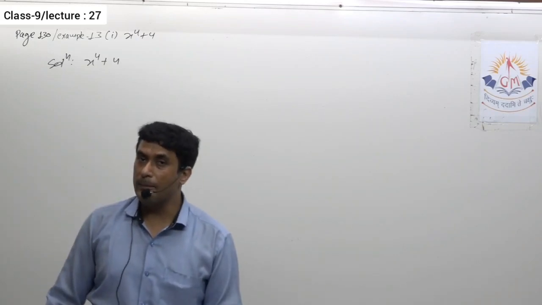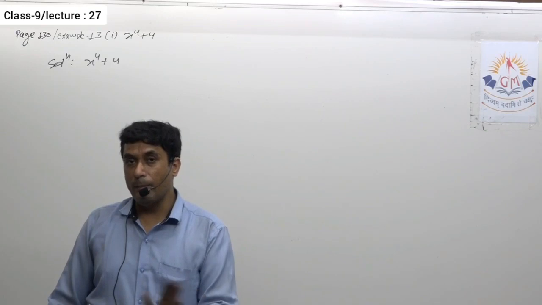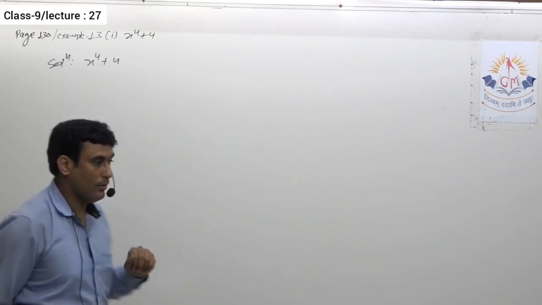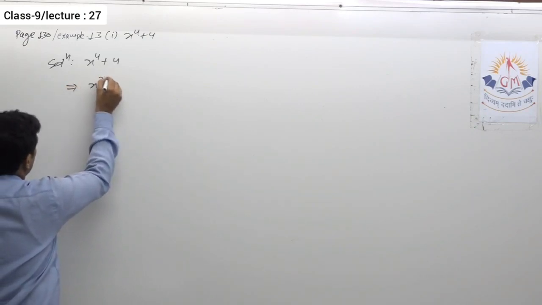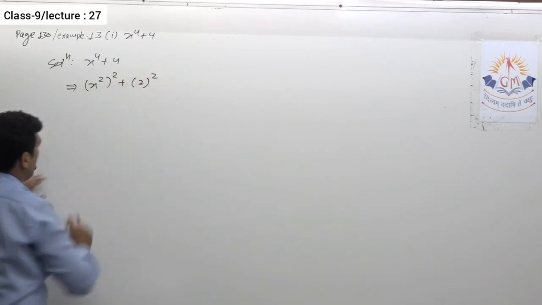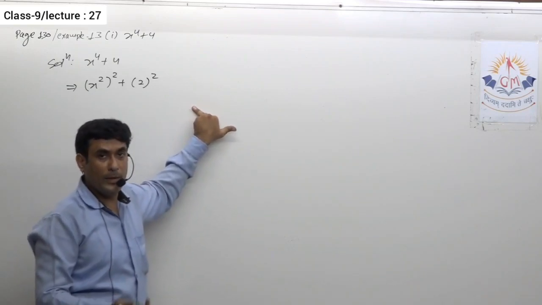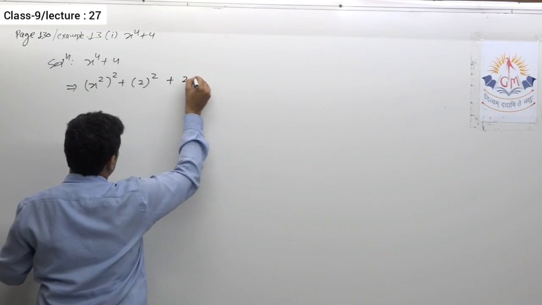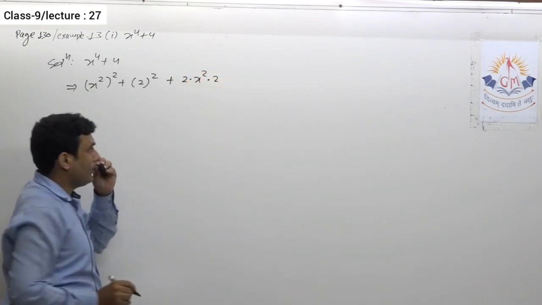So first we write them in the form of a complete square, and then we'll see whether by taking plus 2ab or minus 2ab it is possible to factorize it further or not. So here I write the first step as this, a square plus b square. I always do this, a square plus b square. Now plus 2ab or minus 2ab I have to take on my own. So if I take plus 2ab for a while, 2 into a into b, that is 4x square.